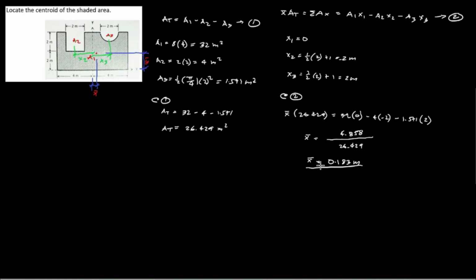So x bar is equal to 0.183 meters, positive. So x bar is 0.183 meters from the right side of the y coordinate.